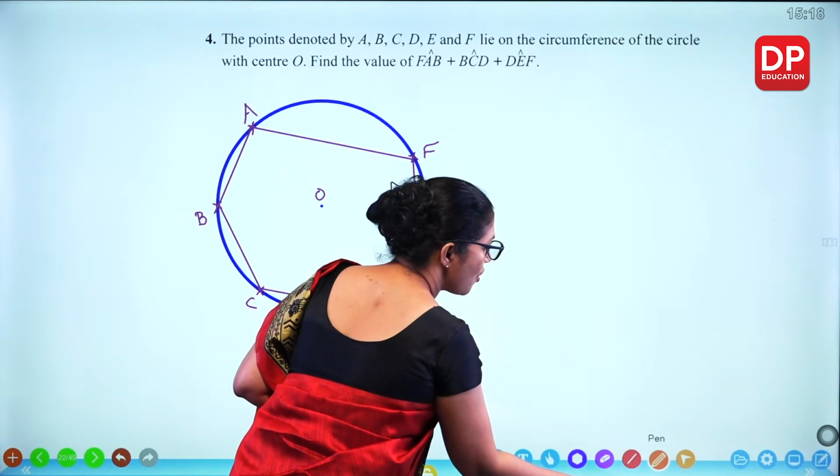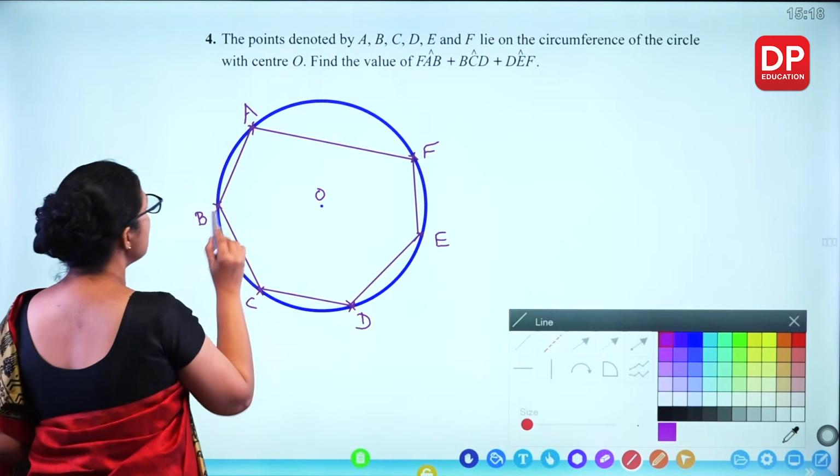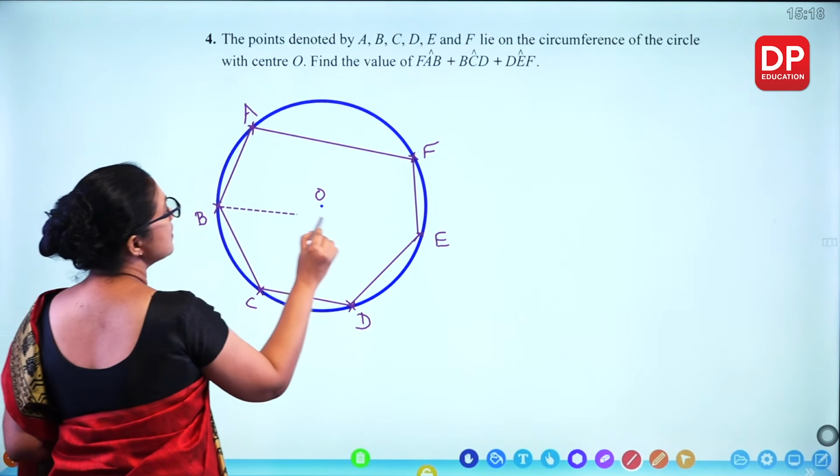We'll draw a construction there. We'll connect B and E.